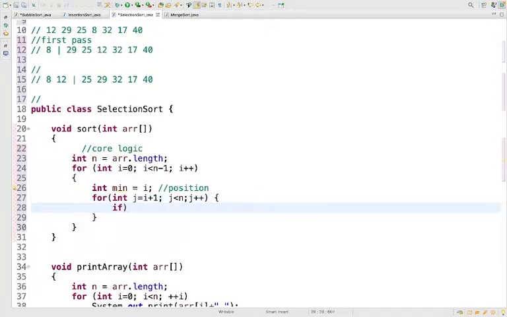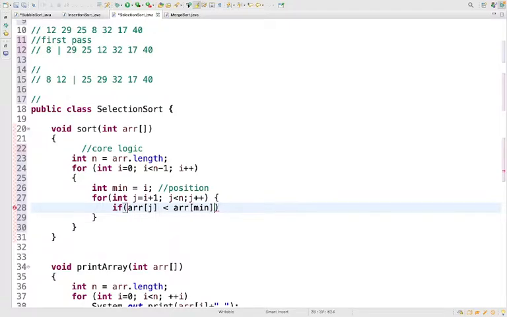In this, we are going to check only one thing: whether the value we have from the j loop is less than arr of min or not. That arr of min is basically the position that we are having here.